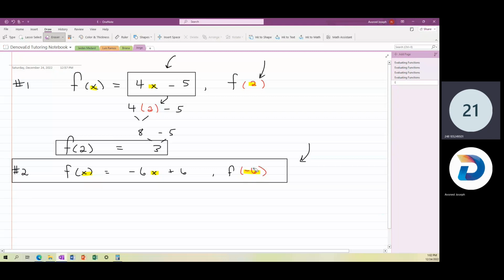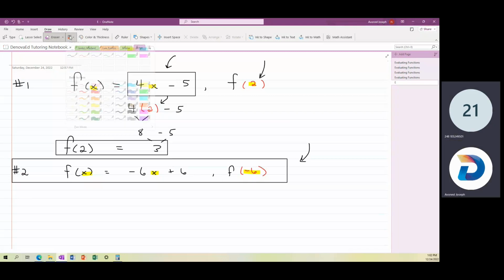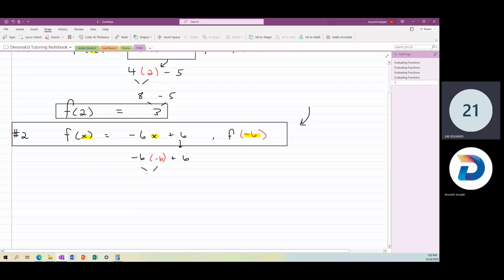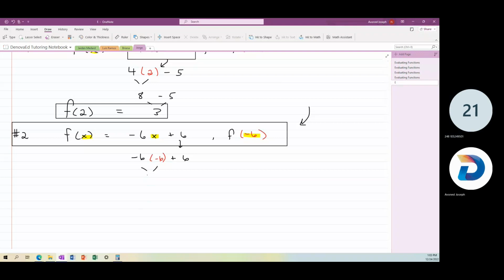So I'm gonna start with the first part. So we have -6, right? Mm-hmm. What are we plugging in for x? -6. Yeah, -6. There you go. And what's left over? 6. Bring this down. Yeah, plus 6, right? So now we have 6 times 6, which is what? 36.